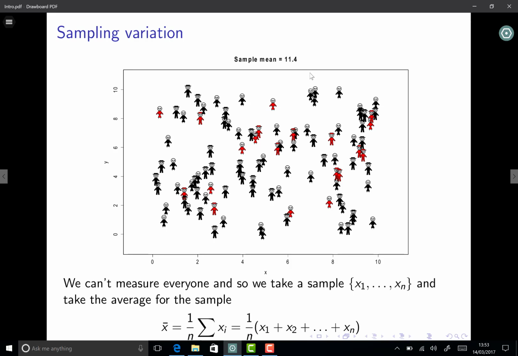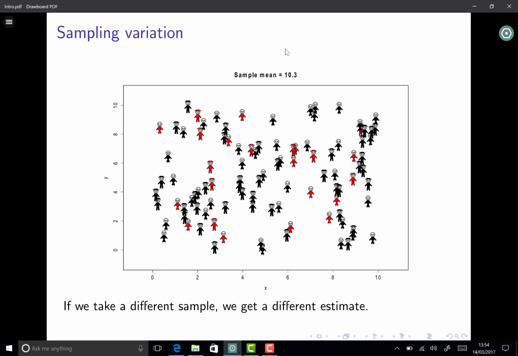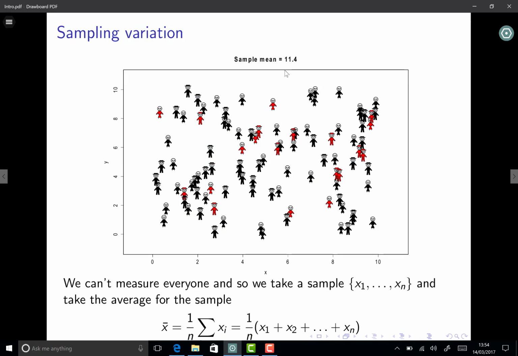And that here gives me a sample mean of 11.4. So we can use this sample average to estimate the average of the entire population. The idea of sampling variation is that if we did this again, if I took another sample, I'd get a different answer. So this is a different sample of 20% of the population. And this time I found a sample mean of 10.3, which is different from 11.4.